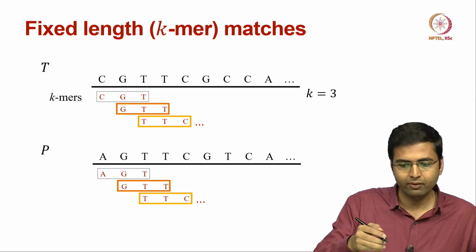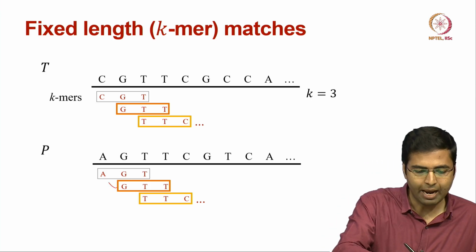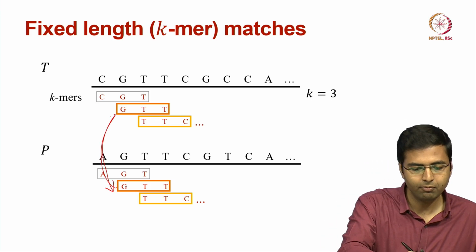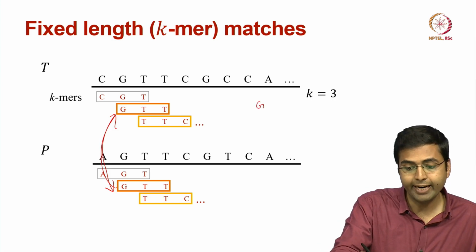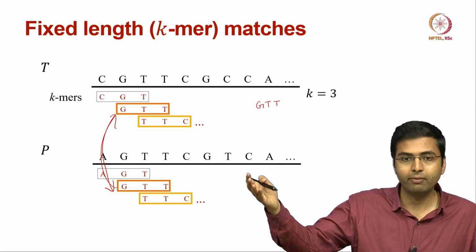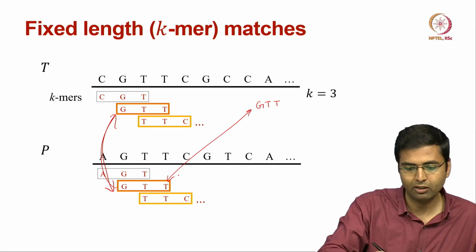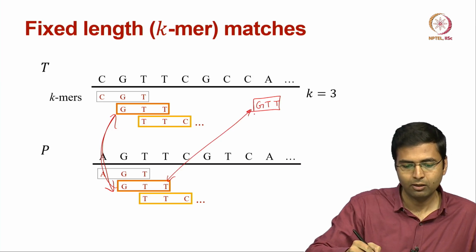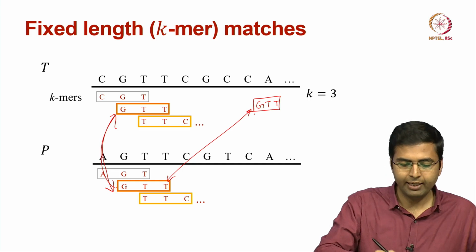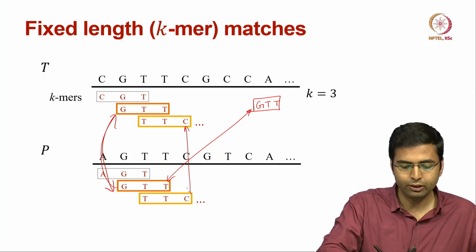So for example, there is a k-mer match happening here. Remember that GTT can occur somewhere down the sequence as well, so then this will also be a k-mer match. Similarly you have a k-mer match between TTC and so on.